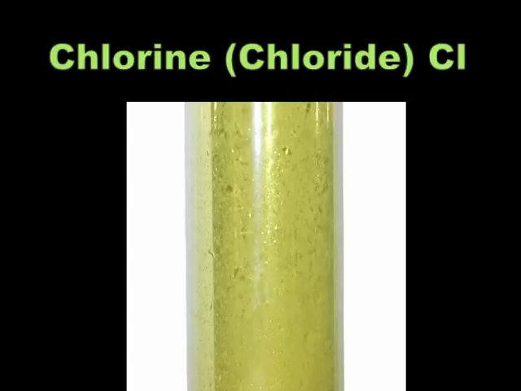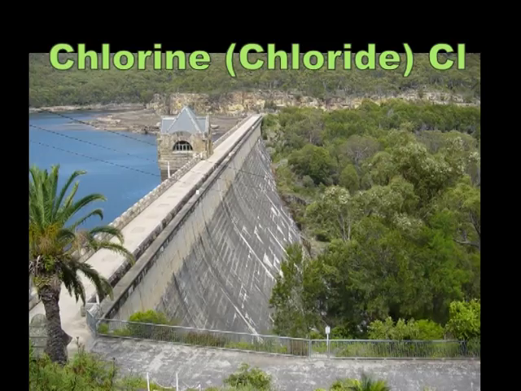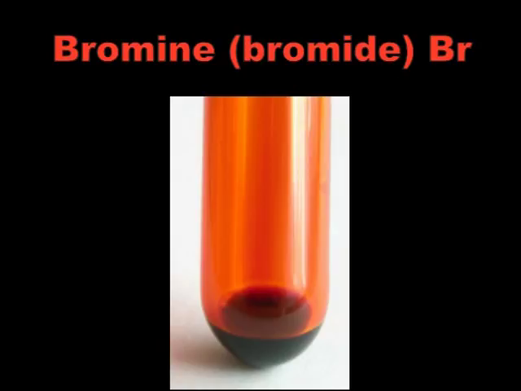Chlorine is also a deadly poisonous gas used to kill germs in drinking water and swimming pools. Bromine is an evil red liquid that can burn your lungs out.